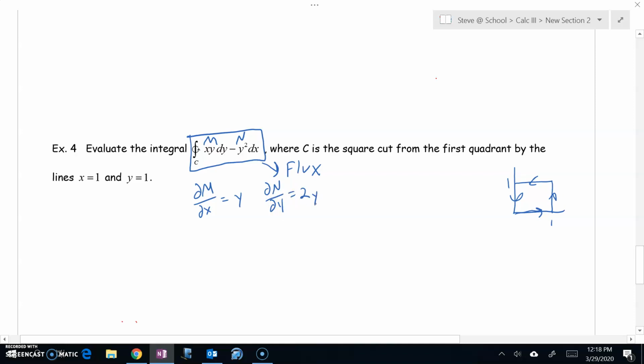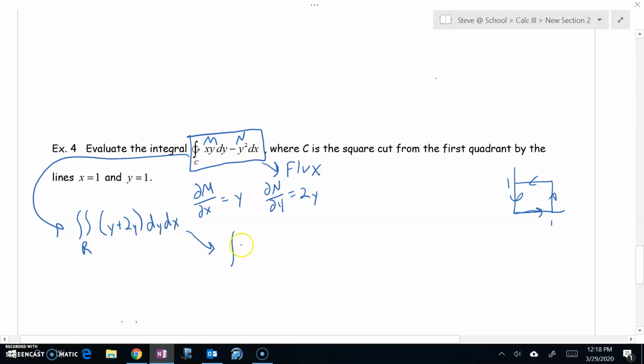Remember, divergence is just adding these two together. This negative sign is not a part of the divergence integral. It's part of the flux equation, actually. So we can rewrite this equation now as the integral over the region of the divergence, which is just adding those two pieces together, and then dy dx or dx dy. I'm going to do dy dx. It doesn't matter.